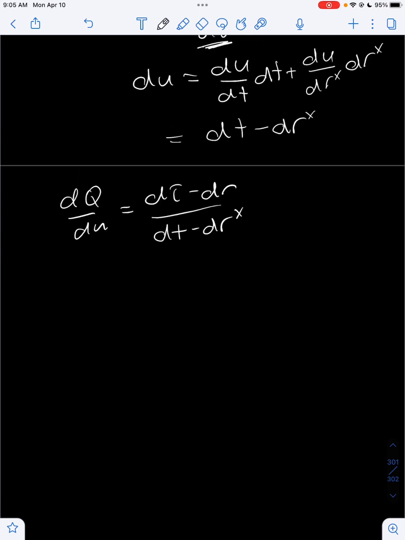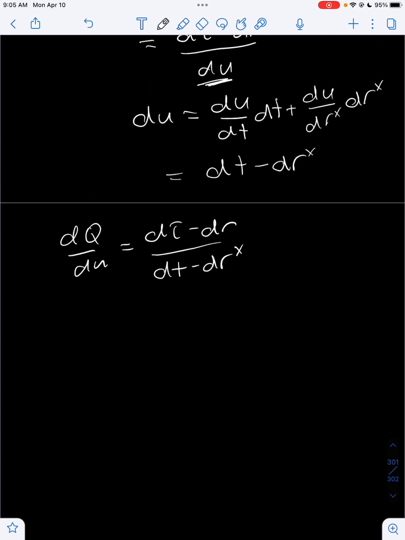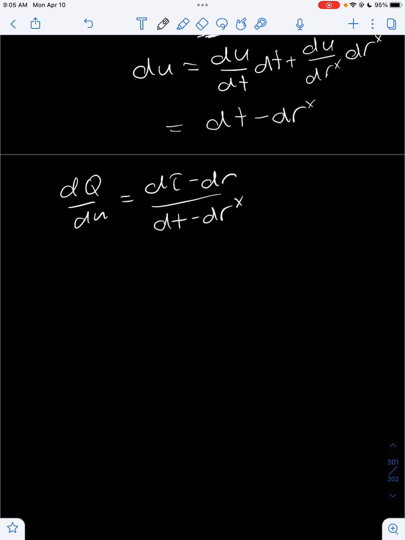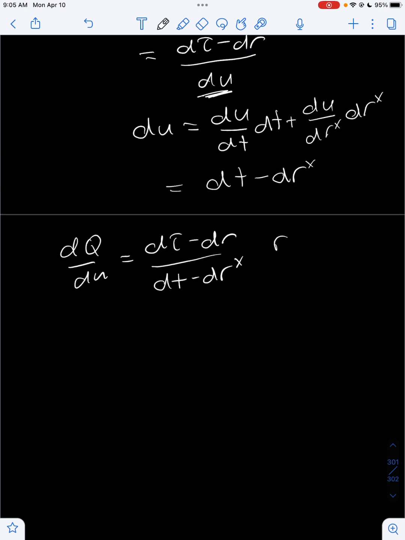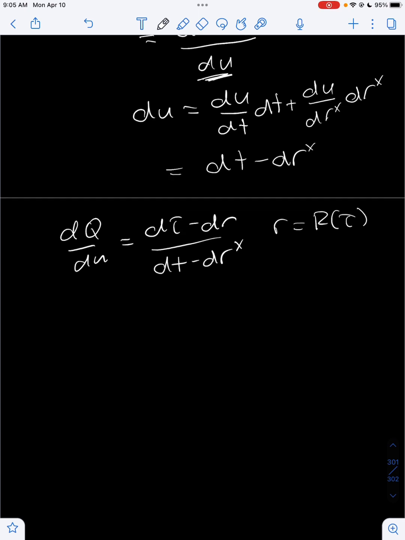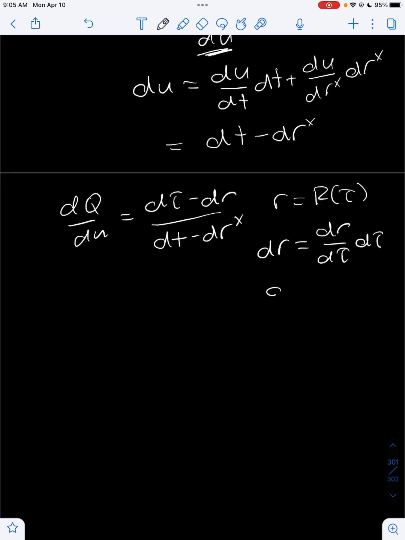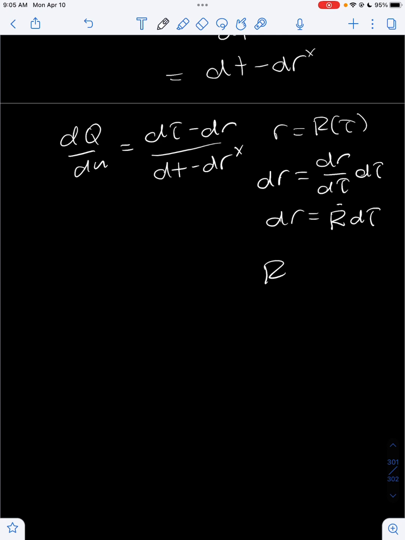Now we can do some things. r is a dynamical variable, right? So we can write dr as dr over d tau, and that's going to be dr equals r dot d tau, where r dot is just defined as dr over d tau.